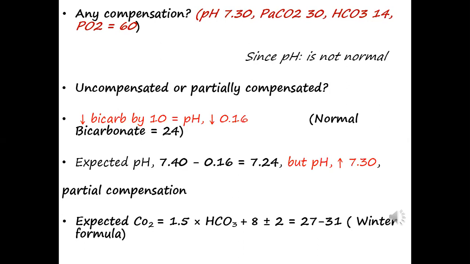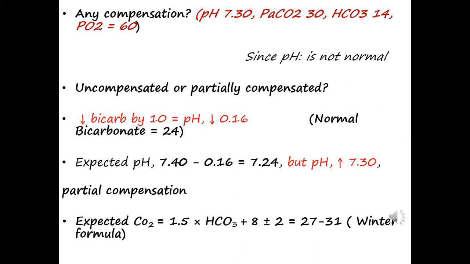That is a change of 10. So how much change in pH should it have brought? Normal pH for calculation is 7.4 minus 0.16, since for each 10 change in the bicarbonate the expected change in the pH is 0.16. So the pH should have been 7.24, but the pH is more than 7.24. So the body is trying to bring it to near normal. So there is partial compensation.